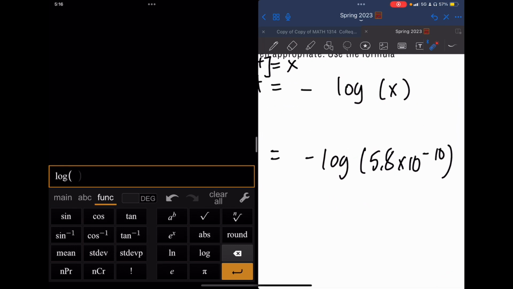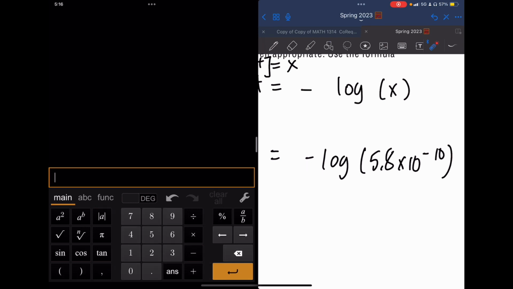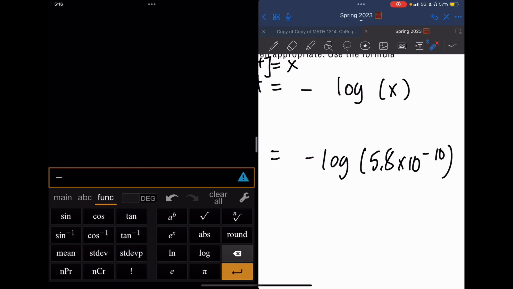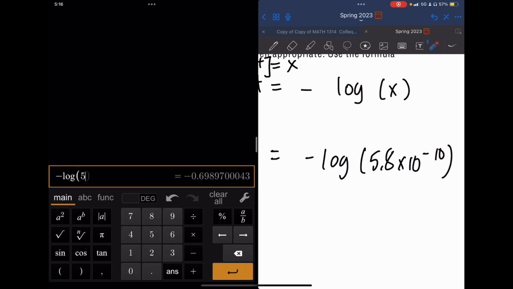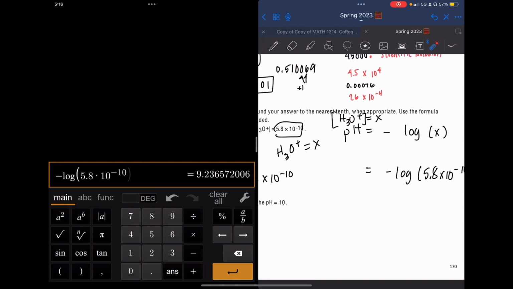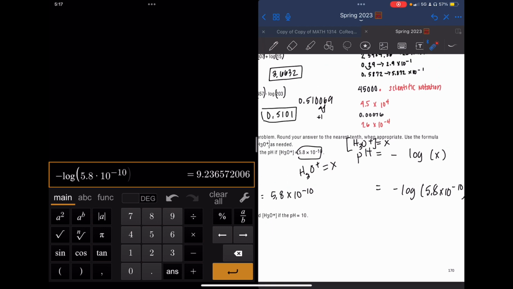I'm going to get negative log, and then 5.8 times 10, and then all that's going to be raised to negative 10. It's asking for your answer to the nearest tenth.